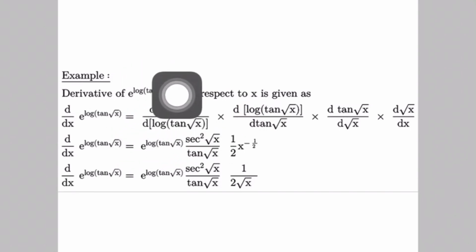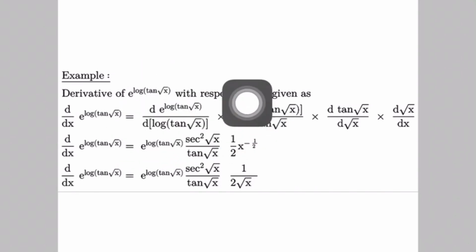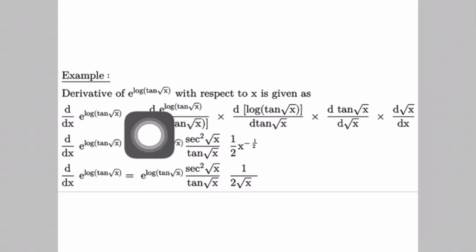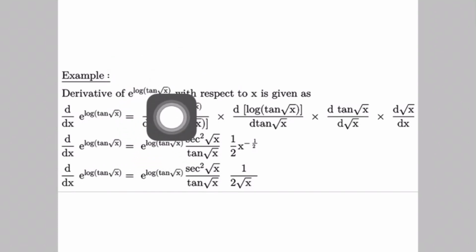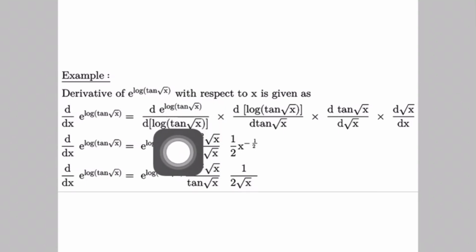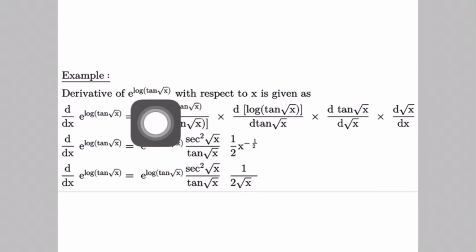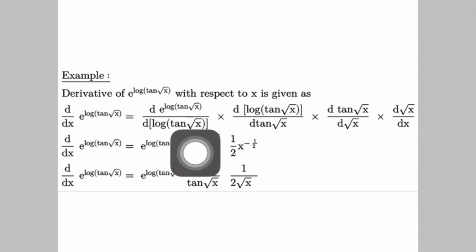If you have to find the derivative of this function with respect to x, what you have to do is find the derivative of the whole function, exponential of log tan root x, with respect to log tan root x, because the variable of this exponential function is log tan root x.